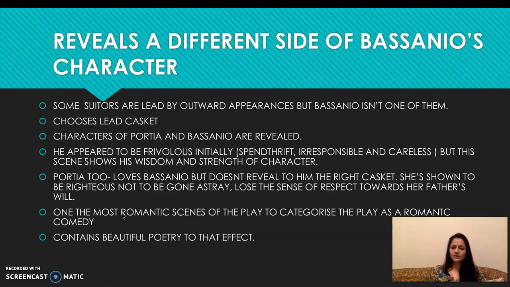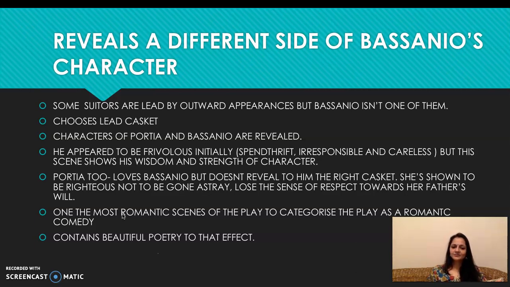Portia, a very different side of her character is also revealed here. She loves Bassanio but doesn't reveal to him the right casket. She is shown to be righteous, not to go astray or lose a sense of respect towards her father's will. This aspect of her character is shown in the casket scene.